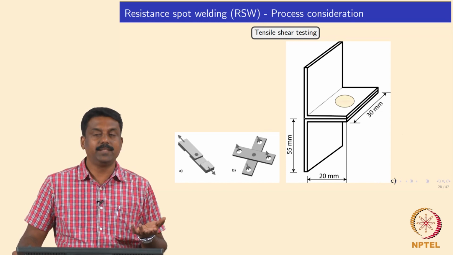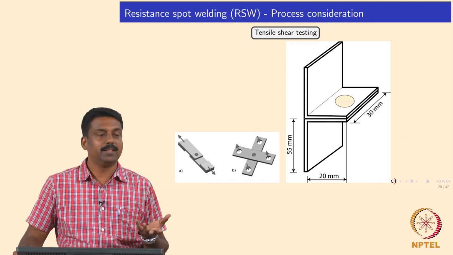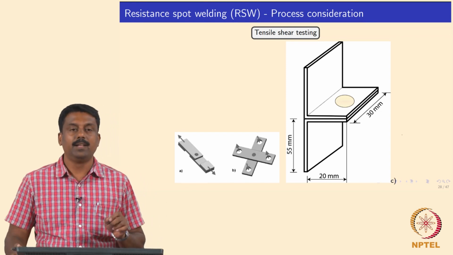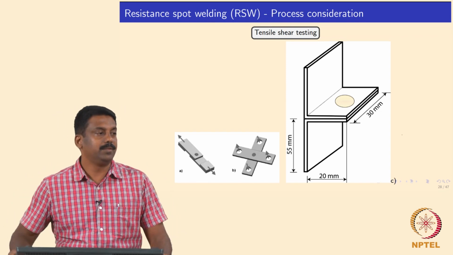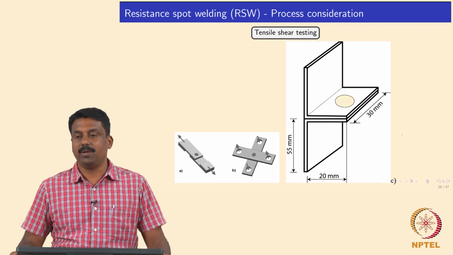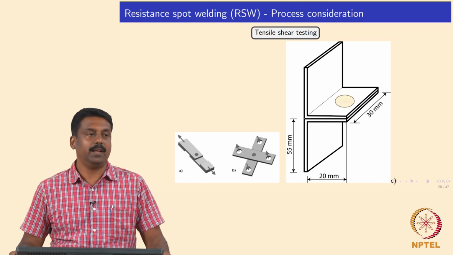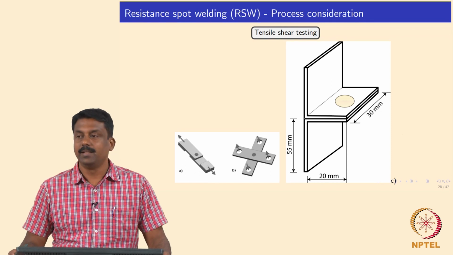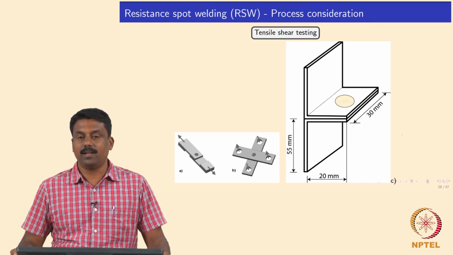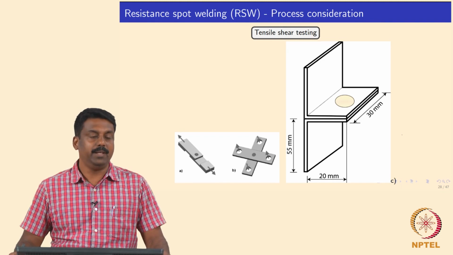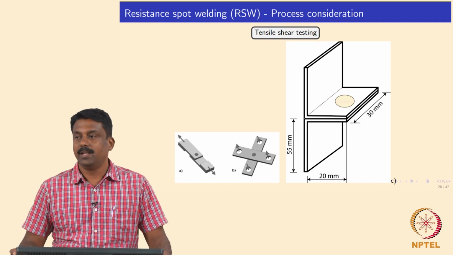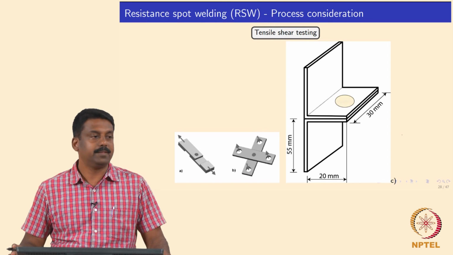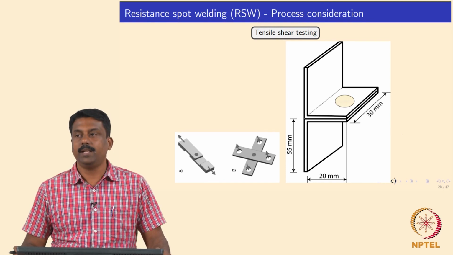The cooling rates, the width of the weld nugget, and the heat affected zone. We also looked at some geometrical considerations, the L and S. In the next class we will look at the testing methods we use to quantify the mechanical properties of these spot welds. Right, good.